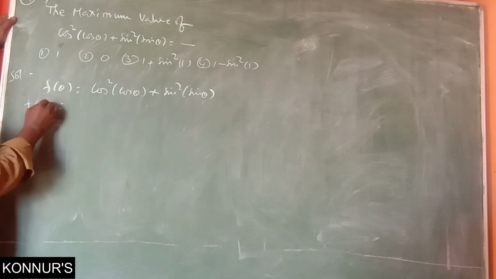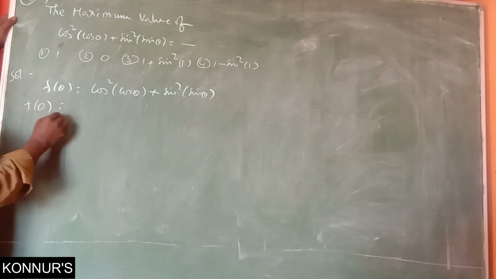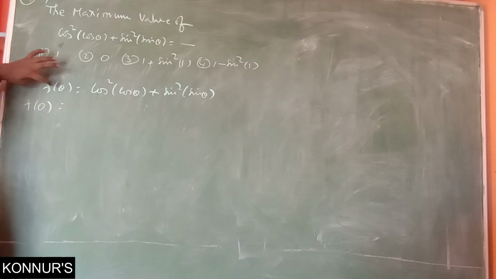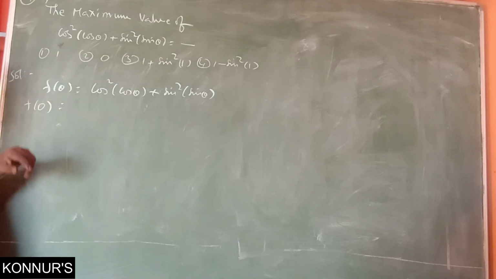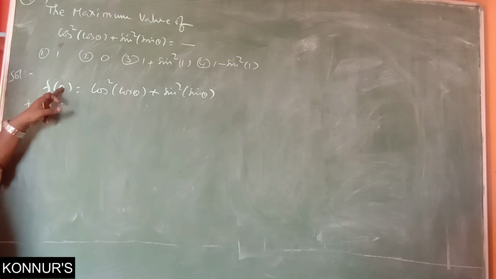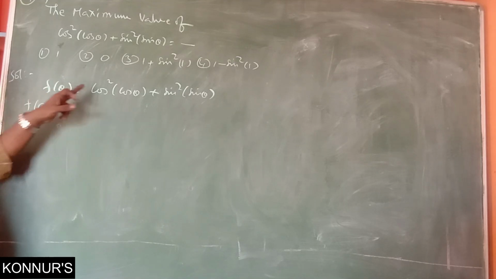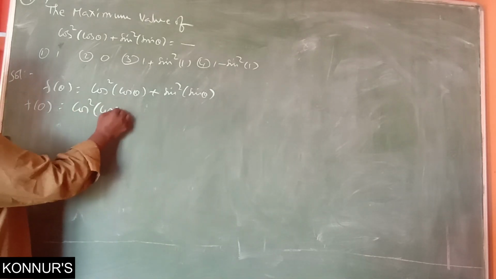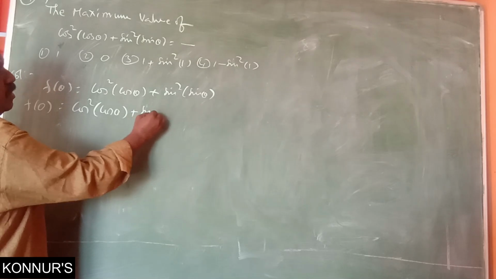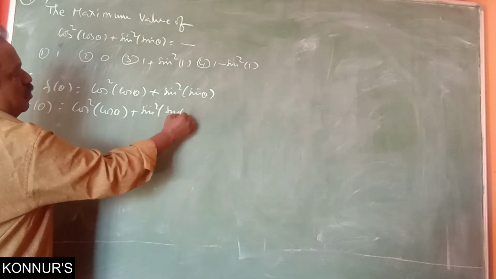You see, we assume theta is equal to 0 degrees. f of theta is cos square of cos theta plus sine square of sine theta. If you substitute theta is equal to 0, then it is cos square of cos 0 plus sine square of sine 0.